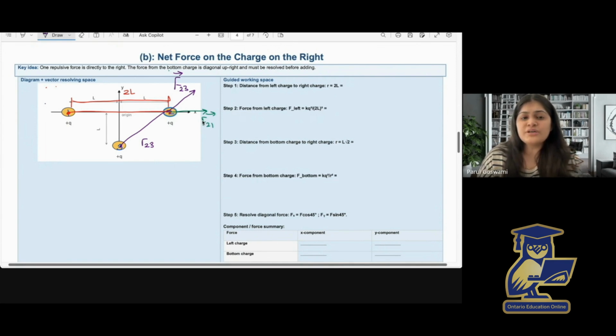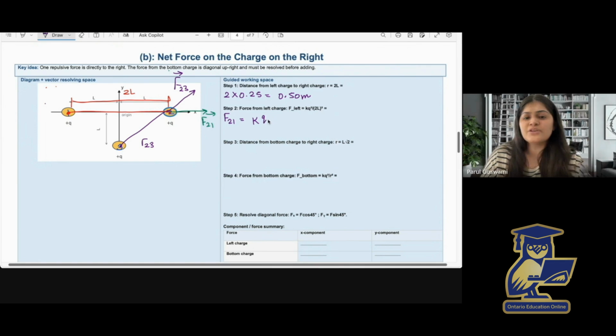First we have to determine the distance from the left charge to the right charge, which is 2 times L. I can substitute the value of L, which is given to us in the question, which is 0.25. On solving this, we will get 0.50 meter. Now in step 2, we will calculate the force from the left charge. We are going to use Coulomb's law. So F21 is K times Q1 Q2 over r squared, since both the charges are of the same nature.